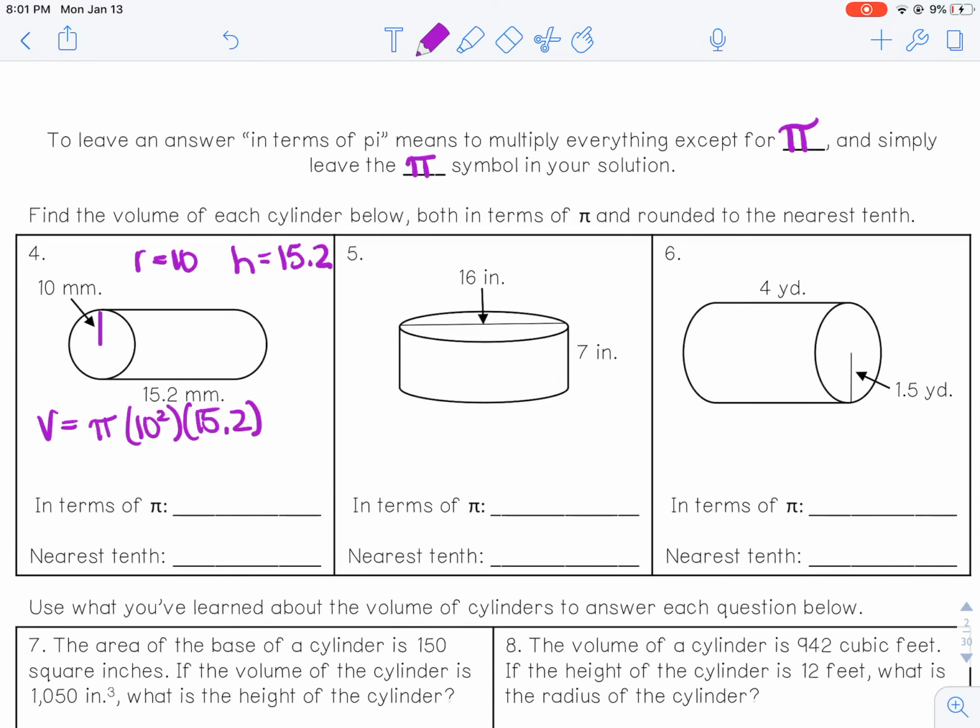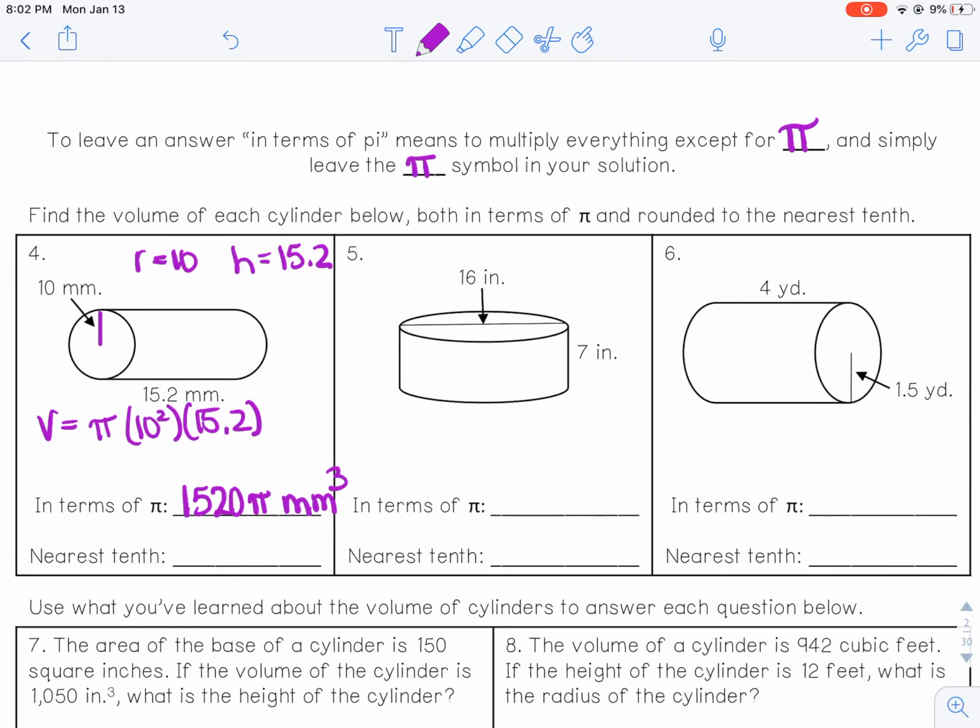So I am not converting pi to 3.14. I'm going to take 10 and square it, or 10 times 10, and multiply that times 15.2. That is going to give me 1,520 pi. That means I still have to multiply it times pi. And don't forget the units, which would be millimeters to the third power.